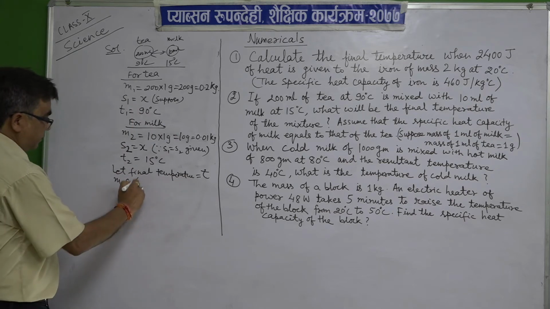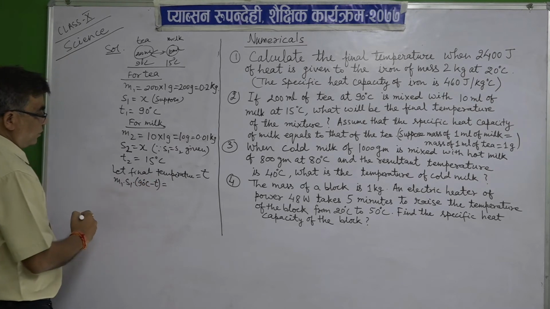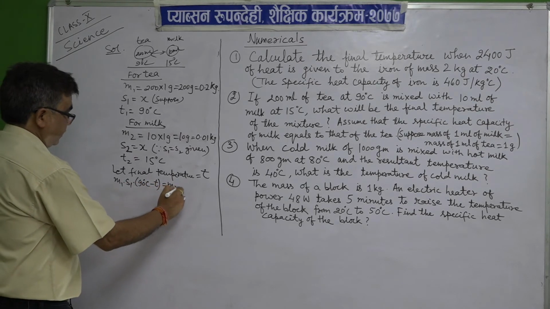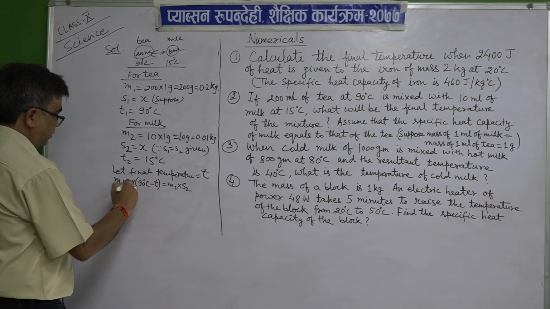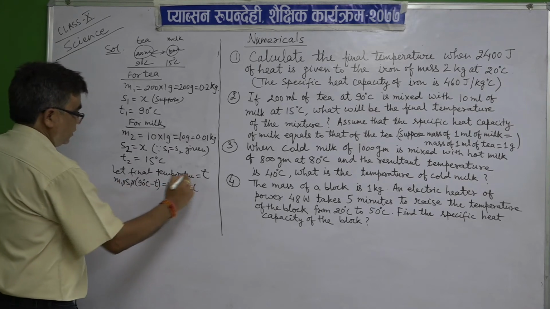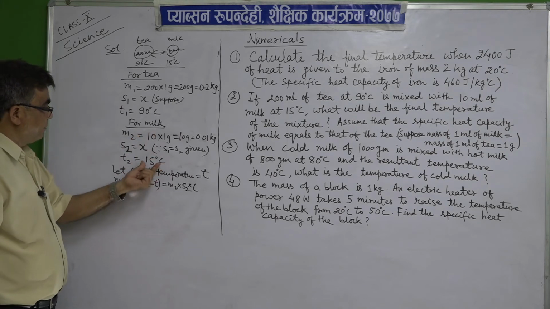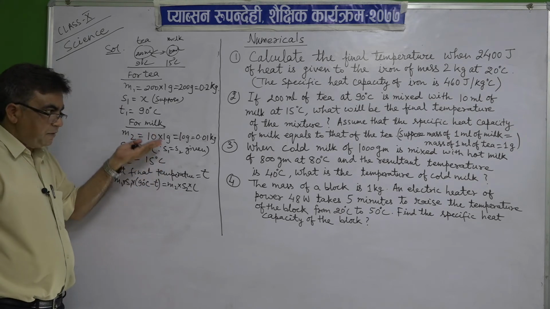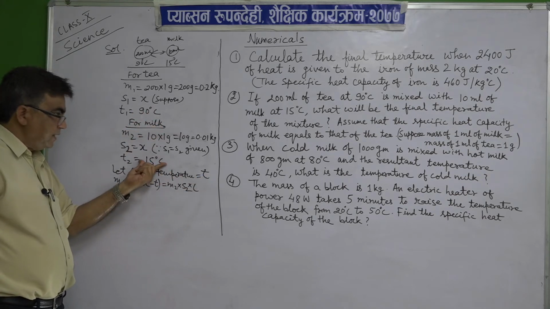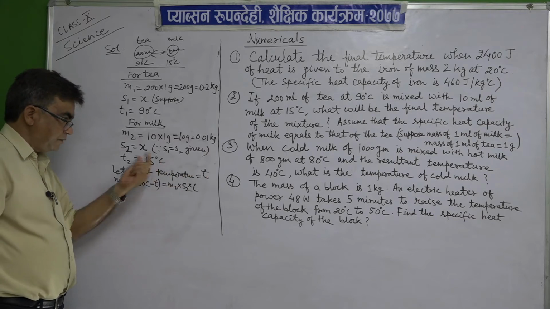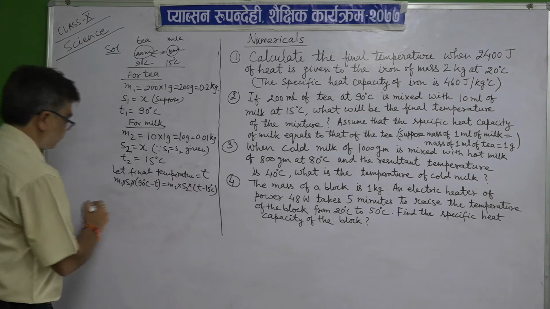This will equal M2 into S2 into dT2. What is dT2? For milk, the initial temperature was 15, now its temperature will increase. T, the final temperature, is more than the initial temperature of milk. So, T minus 15 degree centigrade, clear.